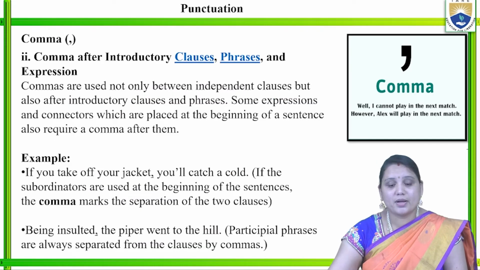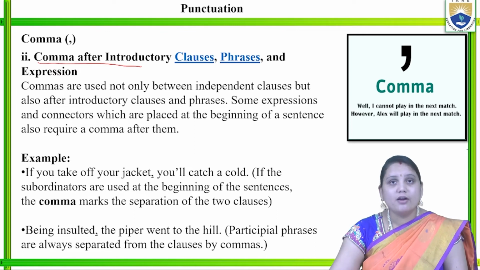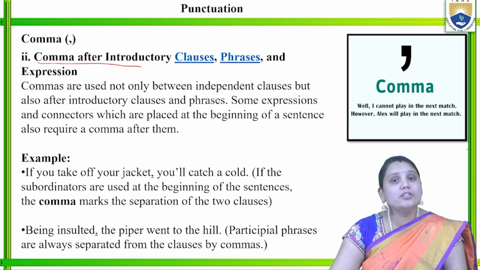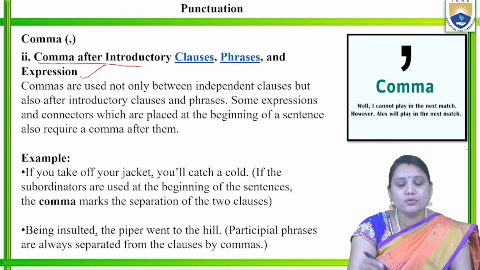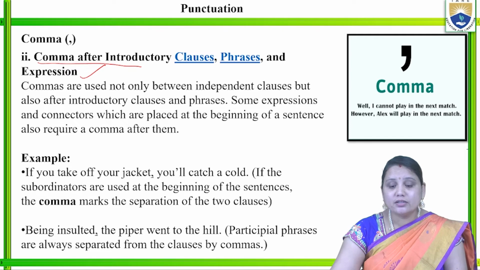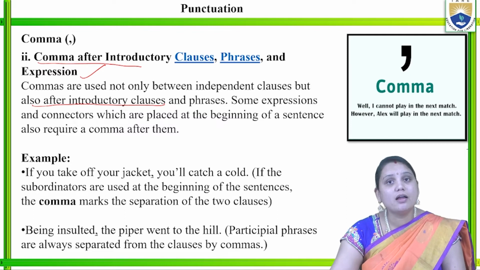Here, commas: comma after introductory clauses, phrases and expressions. We tend to use these commas mostly after clauses, phrases and introductory sentences. Now let us see how we are going to use it with expressions. Commas are used not only between independent clauses but also after introductory clauses and phrases.